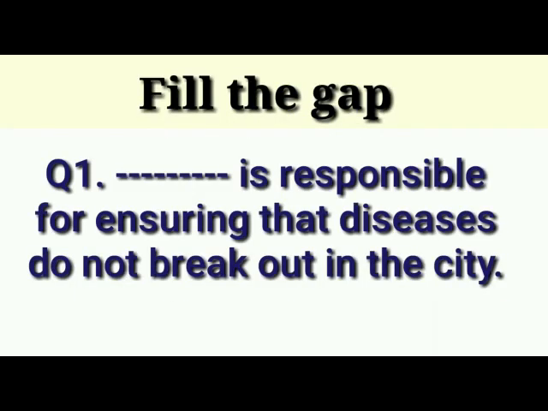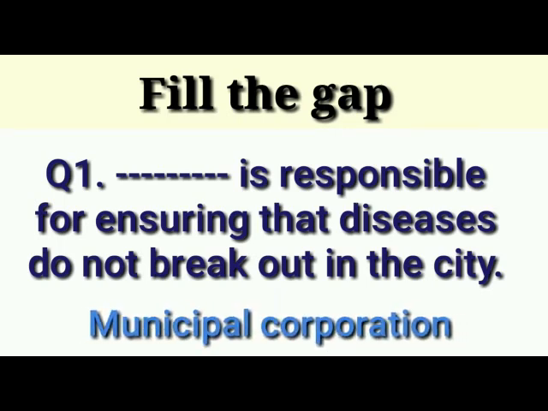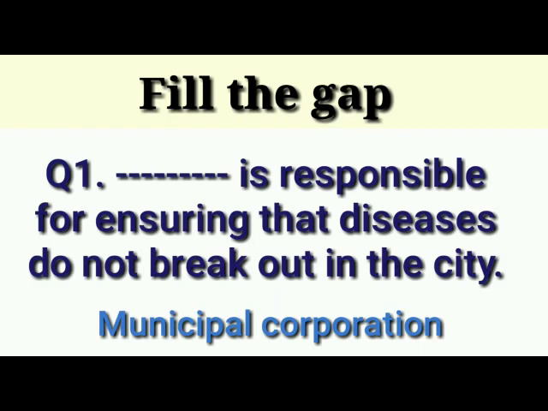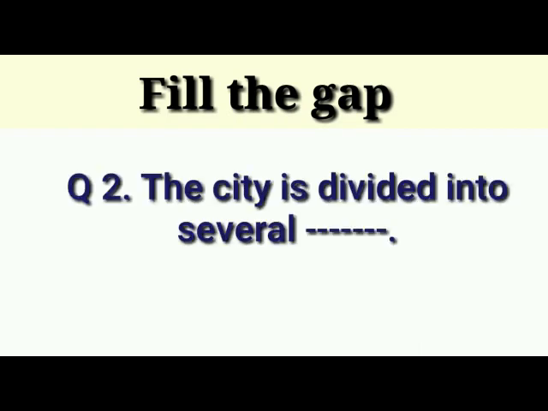Chapter 7 Urban Administration. First question is dash is responsible for ensuring that diseases do not break out in the city. Answer is municipal corporation. Next question is the city is divided into several dash. Answer is wards.